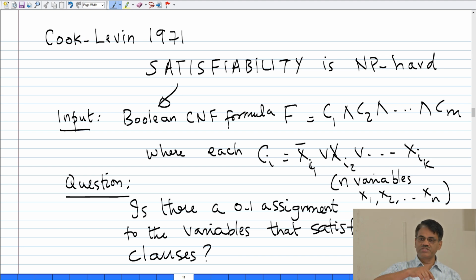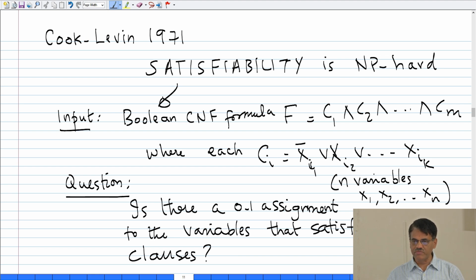and showed that this Turing machine on this input will say yes in polynomial time with a certificate if and only if this formula has a satisfying assignment. That is, this Turing machine will accept the input for your non-deterministic NP problem if and only if the formula has a satisfying assignment.